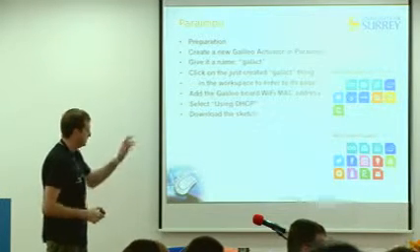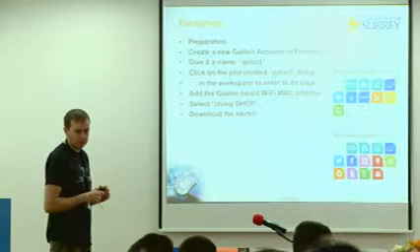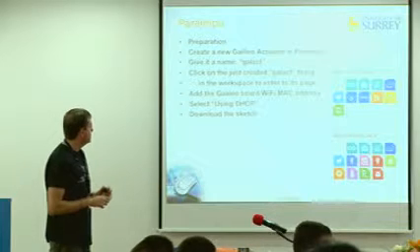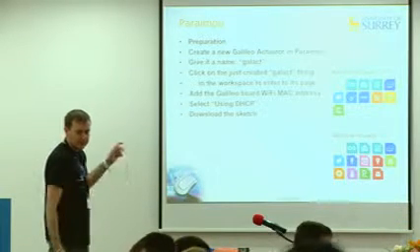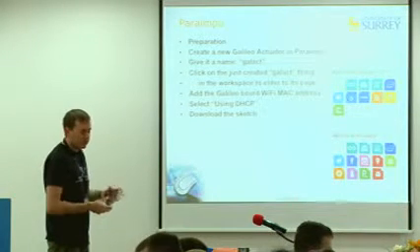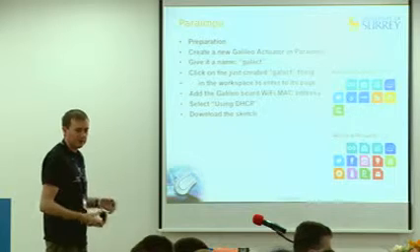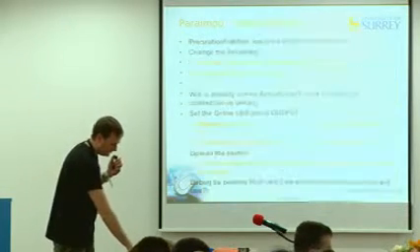Then you can edit some parameters for this Galileo actuator that you're going to create, and put in your Wi-Fi MAC address, not the Ethernet. The device will ask you for the Ethernet because it cooks something for the Ethernet. You do Wi-Fi, select DHCP and download the sketch.